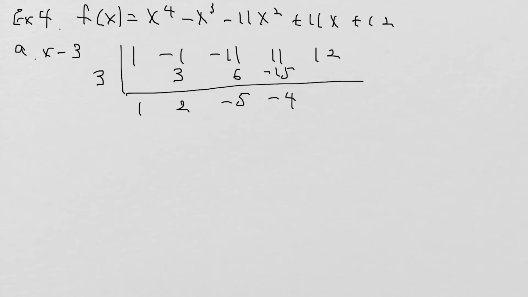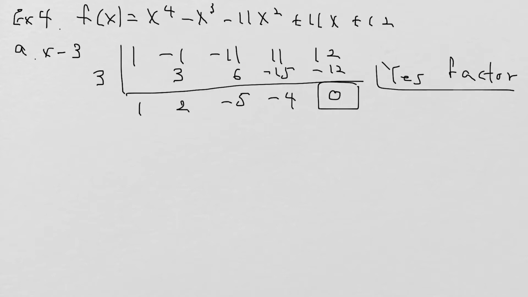Negative 4 times positive 3 is negative 12, where you get 0 for the remainder. Because you have 0, it means yes, factor. So x minus 3 is a factor of your f of x.